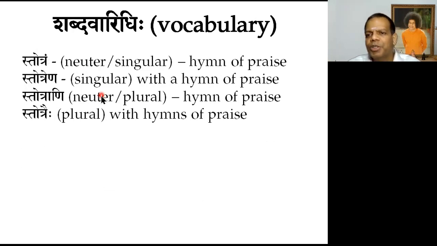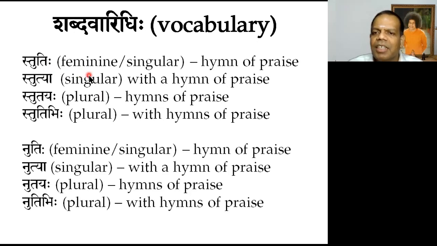Then I thought I will introduce another word, which is stotram, which you may also have come across, with more or less the same meaning, but it is a neuter gender word. So stotram is a neuter gender word, stutihi is a feminine gender word. Both mean the same thing.